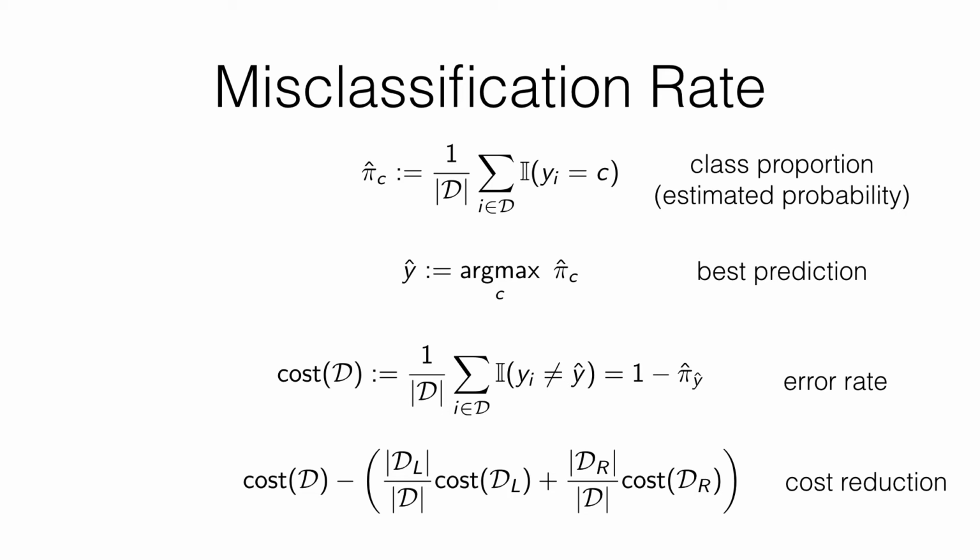Imagine we had a data set where we could split things in such a way that we get perfect performance, so exact prediction, and we're always correct on the left data set. And on the right data set, we still make some errors. If we plug in that idea, the term corresponding to the cost of the left data set would go to 0, and the right data set would be a little bit less than our original cost. So you can see that that's a reduction in cost.